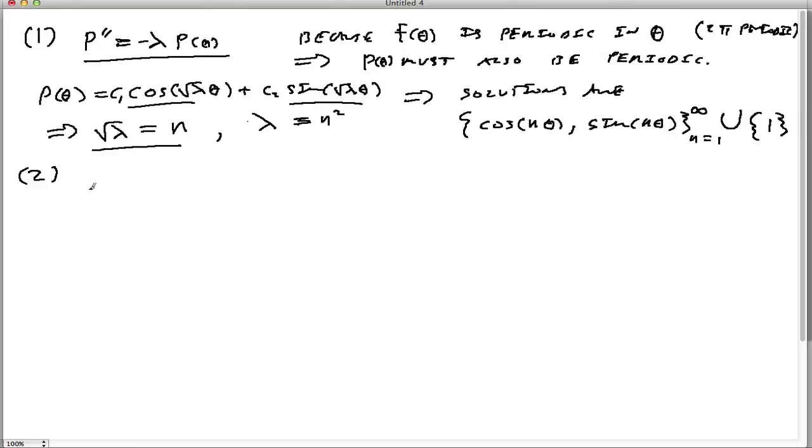So that equation again was R squared Q double prime plus R Q prime minus, and now it was lambda, so that'll become n squared, Q equal to 0. So without going too deep into this, it does have solutions.